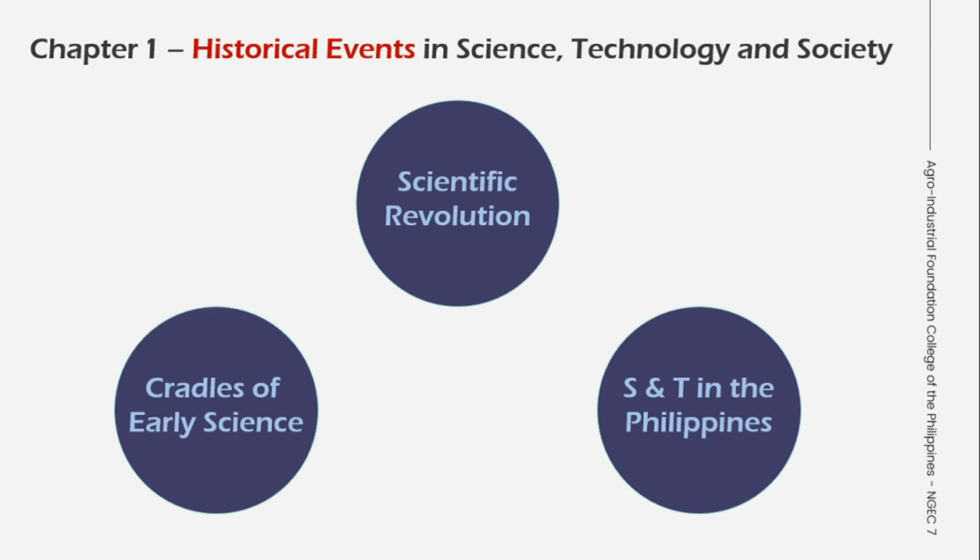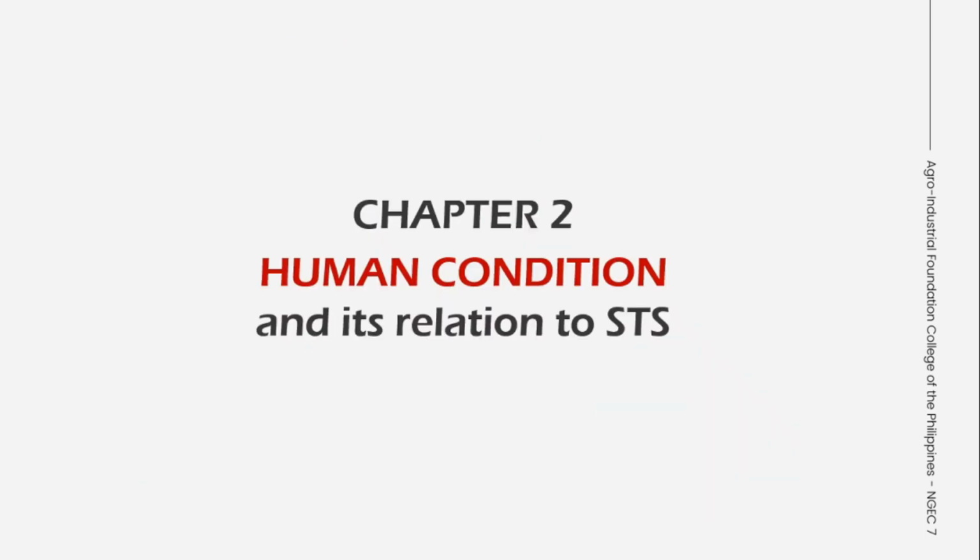We also talked about the Filipino scientists which have actually contributed to the body of knowledge which is now available to the whole world. So this ends our discussion for Chapter 1, and I'll see you on our discussion for Chapter 2, Human Condition and its Relation to Science, Technology, and Society.